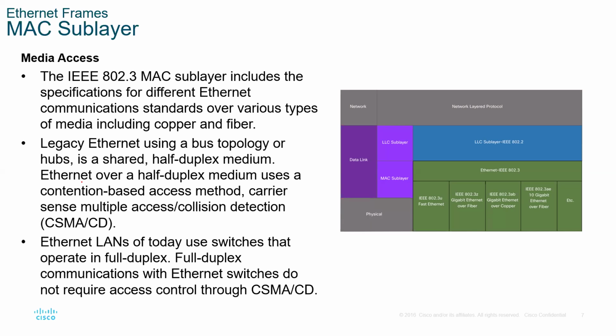Ethernet over a half-duplex medium uses a contention-based access method, carrier sense multiple access with collision detection. Ethernet LANs of today use switches that operate in full duplex. And full duplex communication with Ethernet switches does not require access through CSMA/CD.